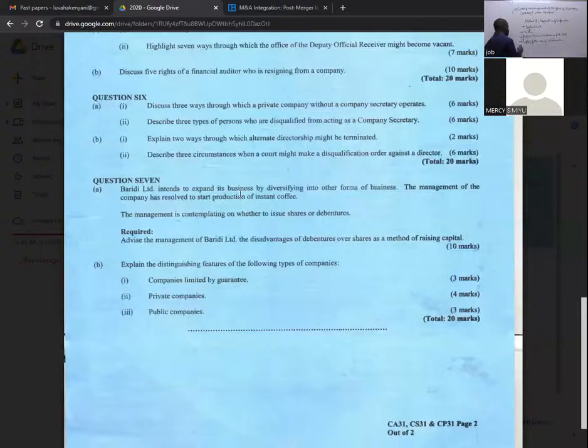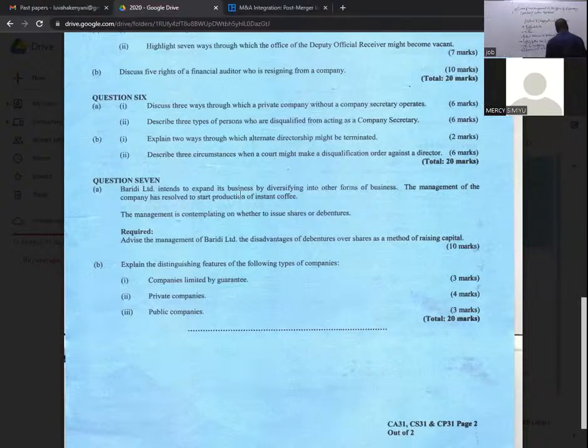Then also we looked at the types of companies. Then we were also able to distinguish between a company and other forms of business. In this case, we are talking about partnership.